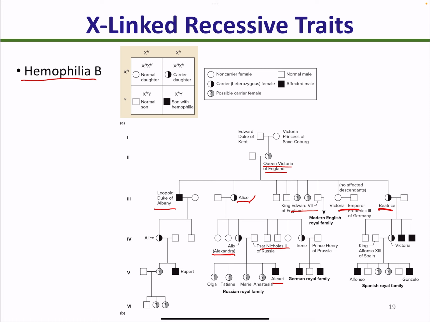Alexei actually developed hemophilia. And Alexei was the only son of the Tsar. And what happens is that because he was the only son, it was very important for the Tsar to make sure that his son was healthy. So he developed some relationship with a guy called Rasputin. Maybe you've heard of him.